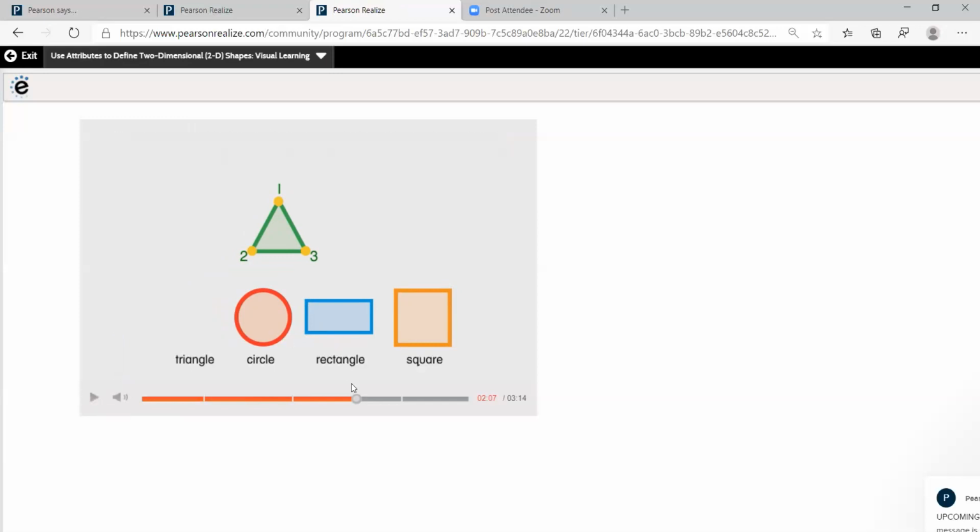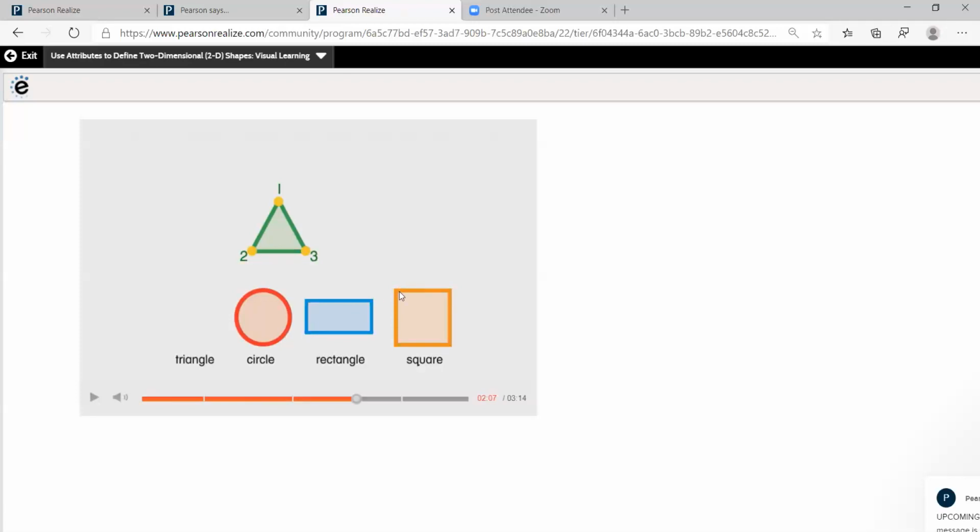A triangle has three vertices. If we count them, we see 1, 2, 3. If you look at the circle, think about how many vertices you see here. What about the rectangle? How many vertices? Remember, you're counting the corners when we're counting the vertices.